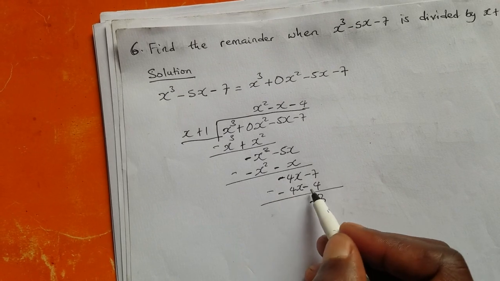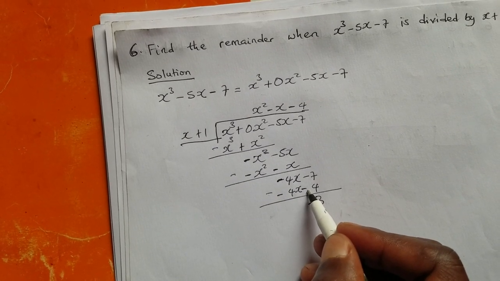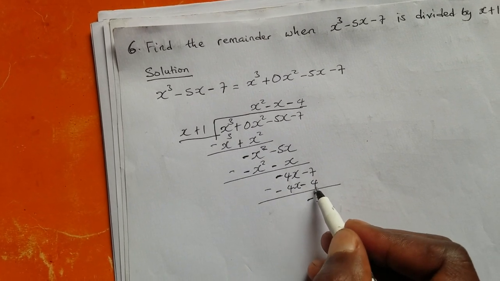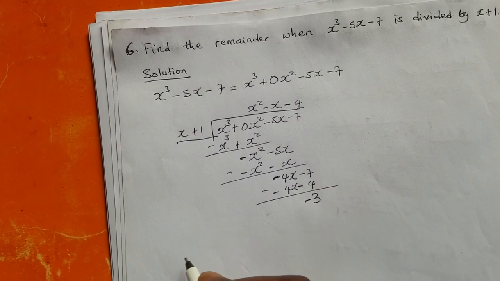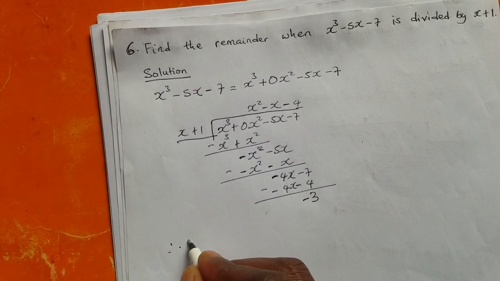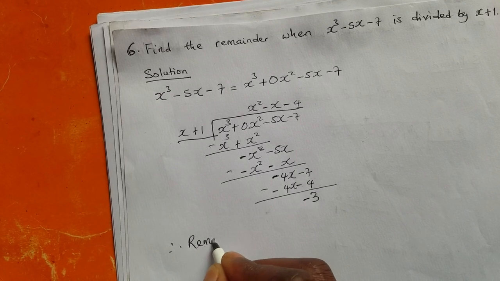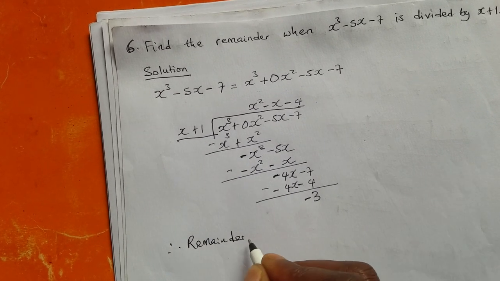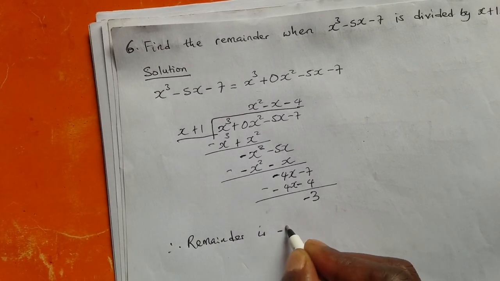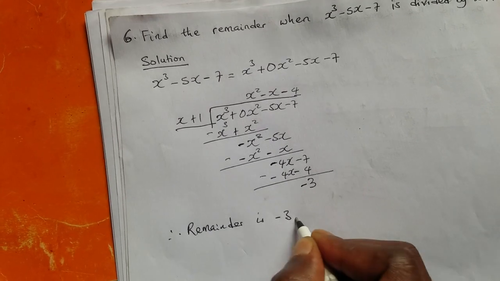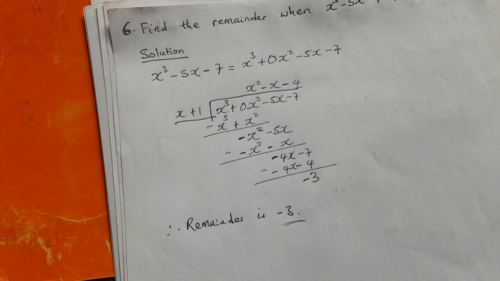Since this minus and this minus will make positive, it will be minus 7 plus 4, which is negative 3. That means our remainder is minus 3. So that is our answer.